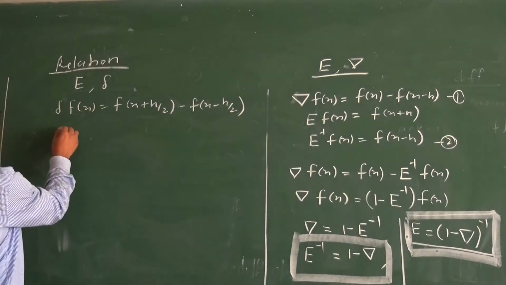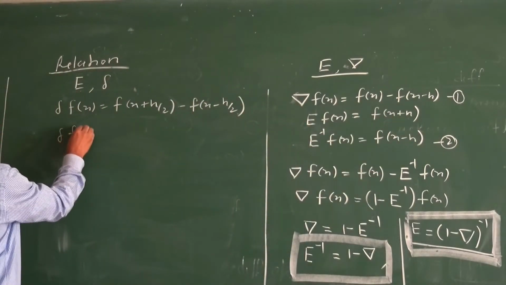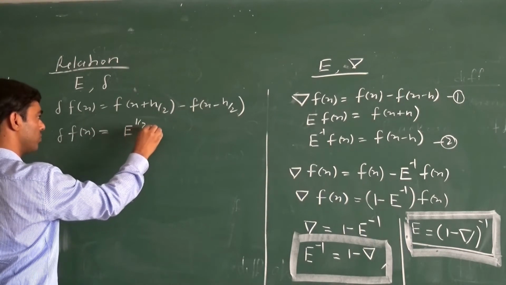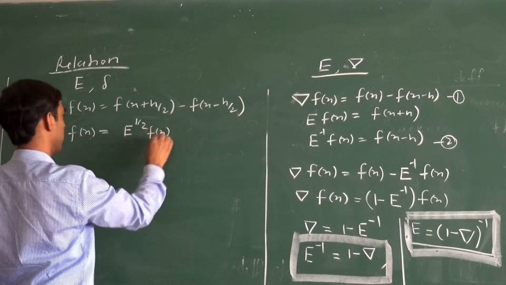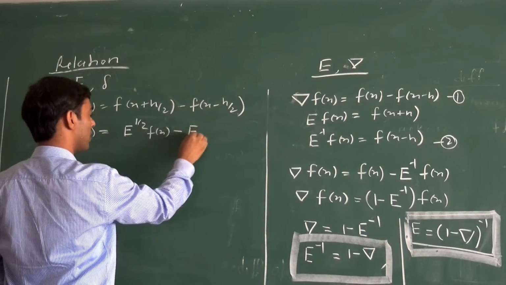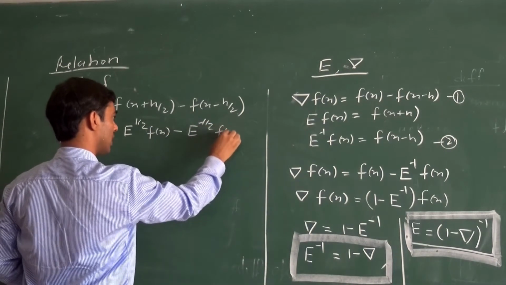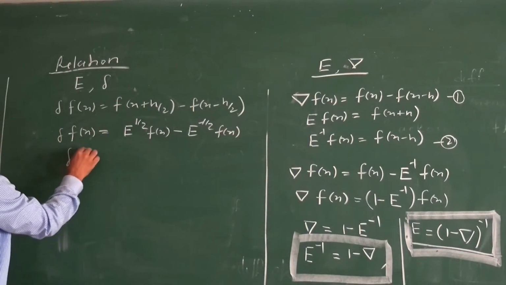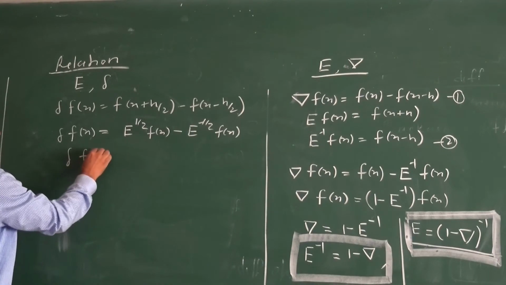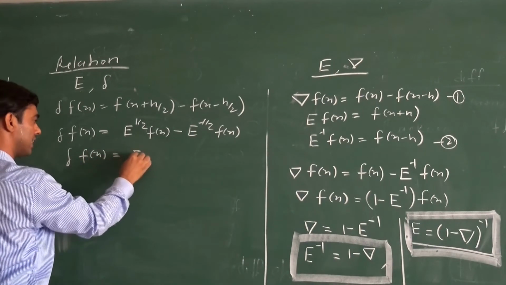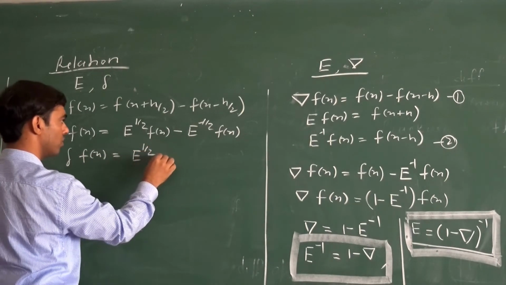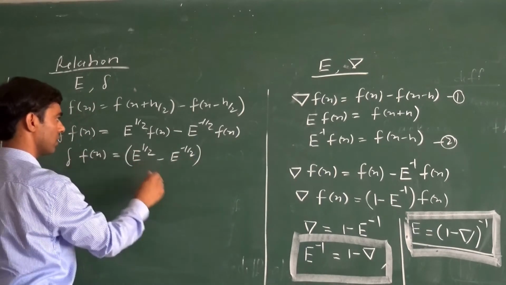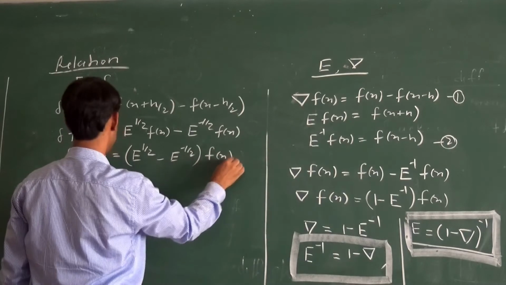So directly here we write δf(x) = E^(1/2) f(x) − E^(−1/2) f(x). Then if we compare the operator on the left-hand side and the operator on the right-hand side, what is the relation?